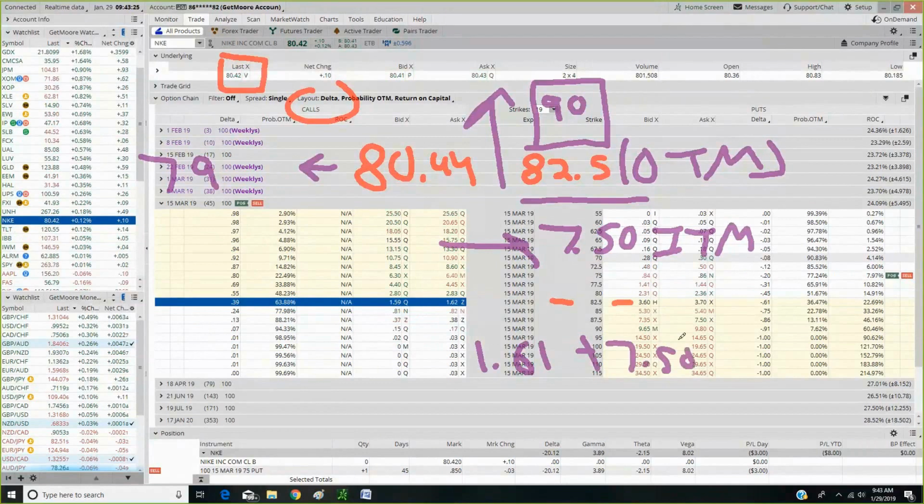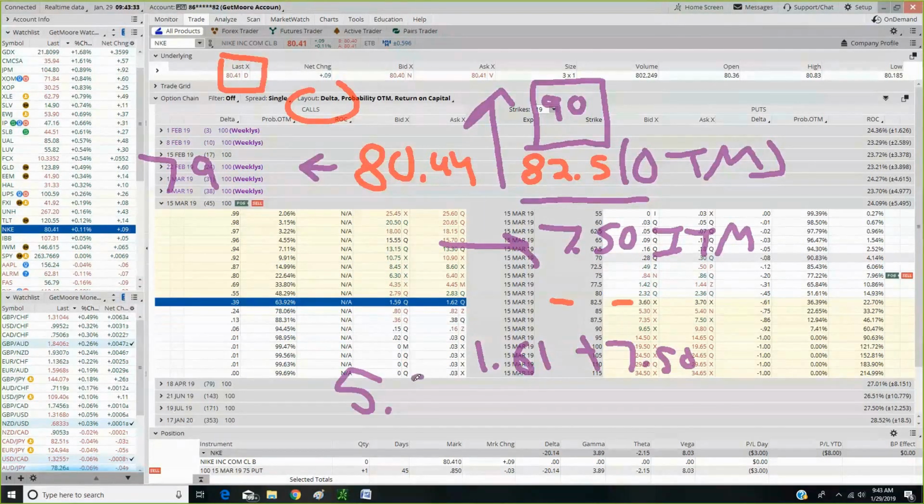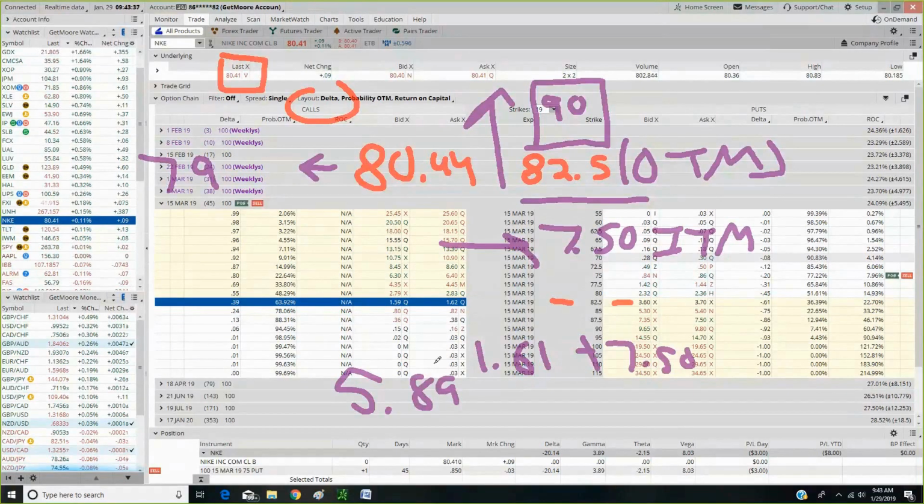If I bought it at $1.61 and it's now $7.50, I have a profit of $5.89, which is $589. When I divide that by the 161, that's a 365% return.